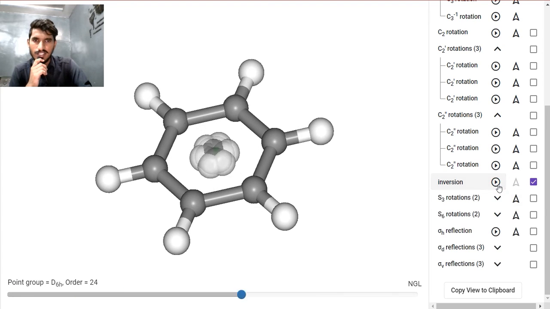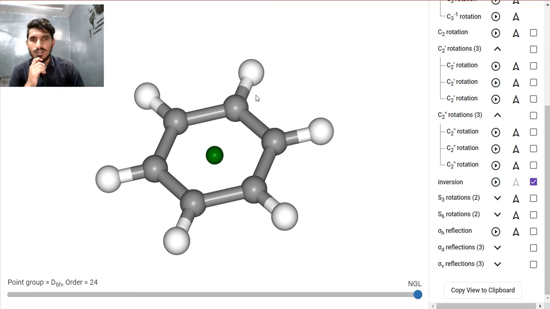As you can see here, every atom has replaced its opposite atom. This atom will go here, this atom will come back here, and so on. Every atom has replaced the other atom. This is the inversion. After inversion, my molecule has the same initial configuration. That means inversion exists in the molecule of benzene.